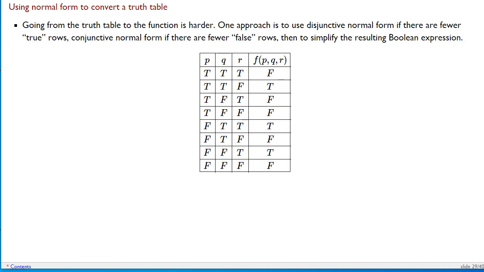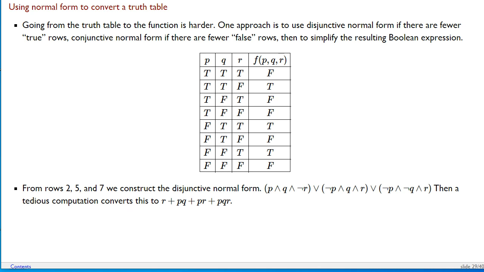Here's a more systematic way. You now know how to convert a truth table into either disjunctive or conjunctive normal form, and you know how to convert a Boolean expression into finite field notation. If you follow one operation by the other, this will always work.